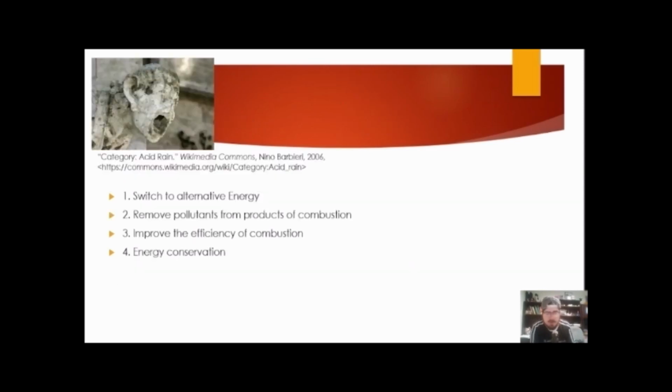Acid rain is one of the nastier effects of our pollution. This idea was coined in 1852 during the Industrial Revolution. This typically describes rain formed from SO3 and NO2 to form nitric acids and sulfuric acids. This rain can kill vegetation and marine life.